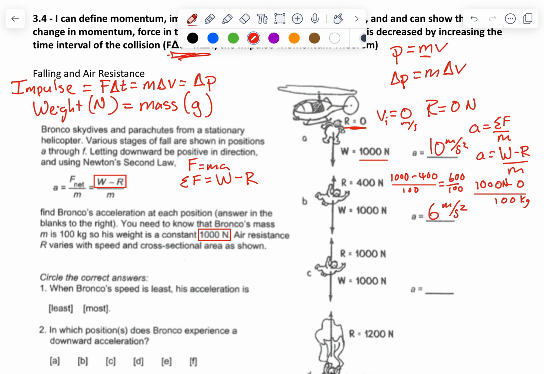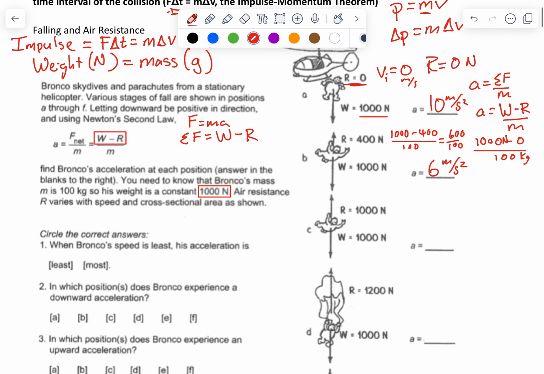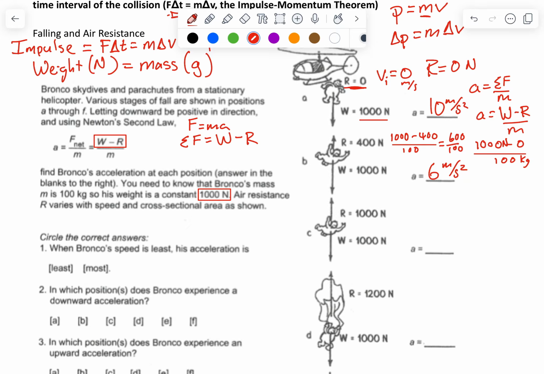And he's going to get faster and faster until we reach this next position in C. Now in C here, we see that his weight force is 1,000 and his air resistance force is 1,000, divided by his mass, 100. Uh-oh, that's going to be 0 over 100, which is going to be equal to 0. So his acceleration here is 0.